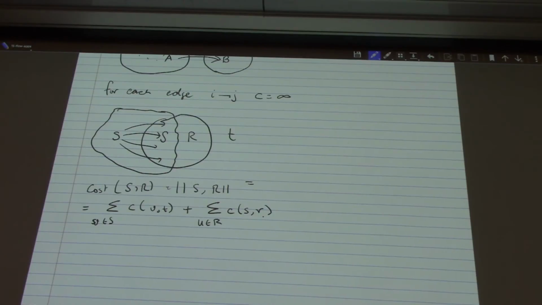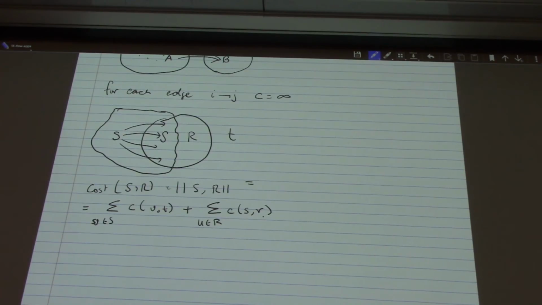How would you do that? Yeah? Maybe in our original problem we take all positive profits and add them all up, that's our potential profit, and then subtract everything from that number. So we invert it somehow like that.